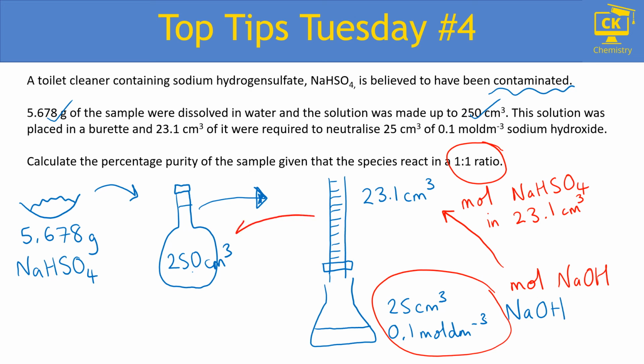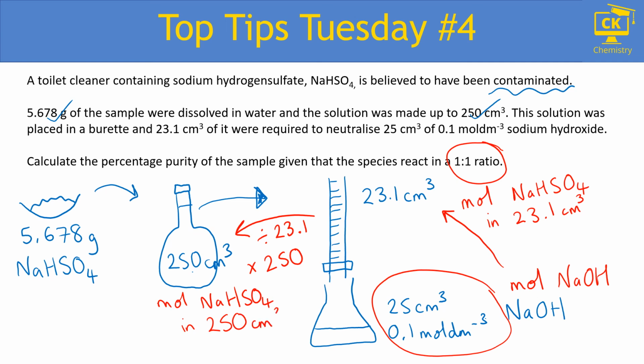So what we would do to work out the moles of sodium hydrogen sulfate in the whole flask is I'm going to divide by 23.1. That gets me the moles in 1 centimetre cubed, and then multiply, you can do that in the same calculation, of course, by 250. That is scaling it to know how many moles of NaHSO4 there are in 250.